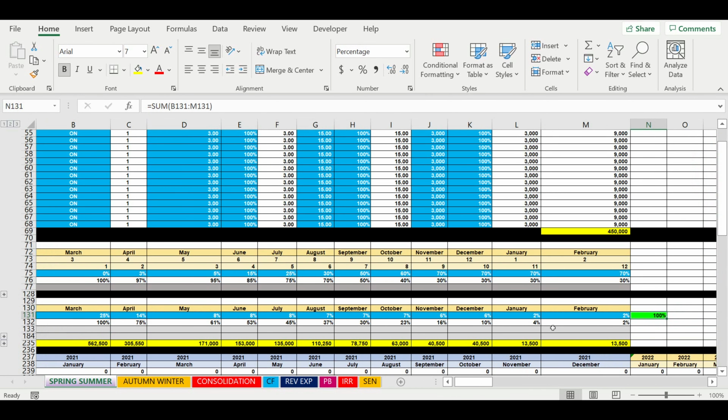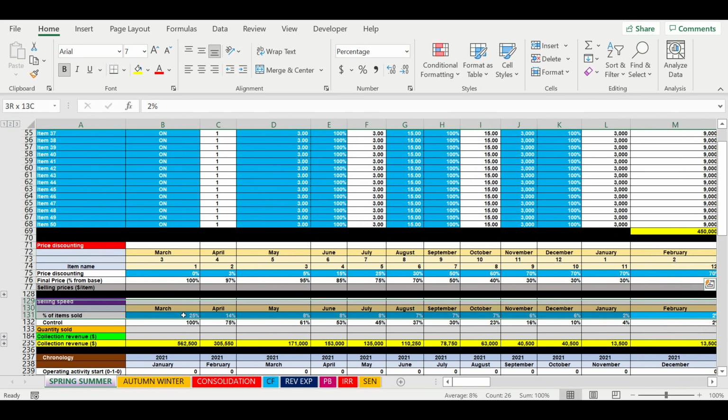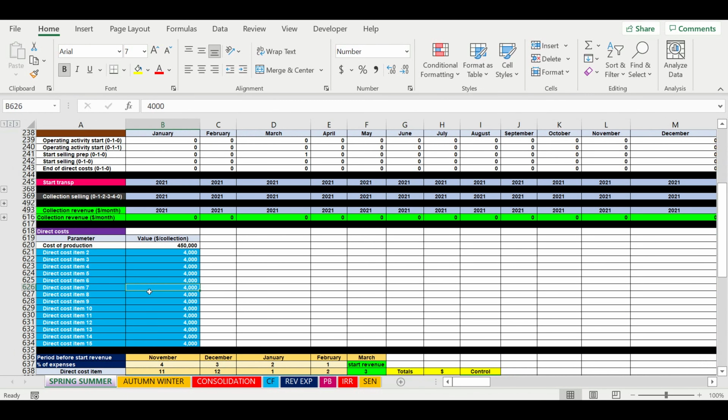So here we describe discounts, here we describe the quantity of items that we sell during the period, and then we describe direct costs concerning this collection.